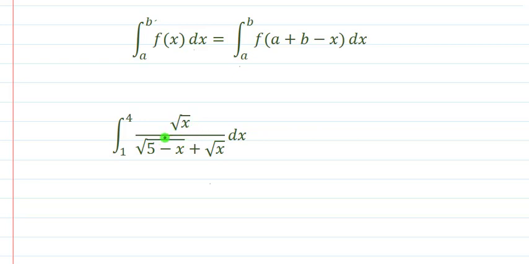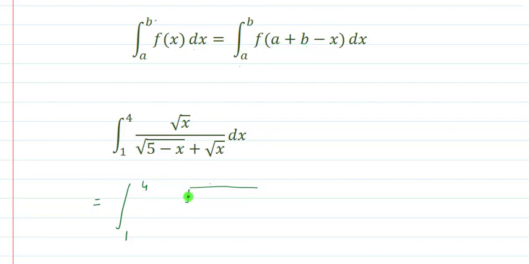For example, in this problem, the limit is not from 0 to a, it is a to b. But this 5 shows that we should use this property over here, because if we add the two, that is a and b, we get 5, and after applying this property we can do this problem simply. So let me explain how to do it. I is equal to the integral from 1 to 4, and everywhere we change this x by a plus b minus x.